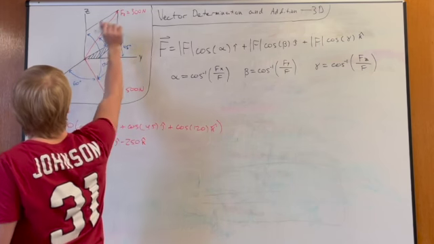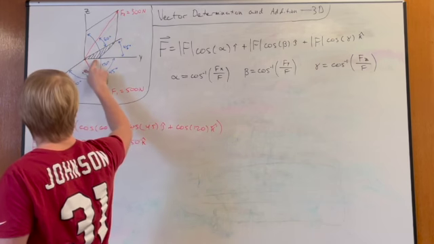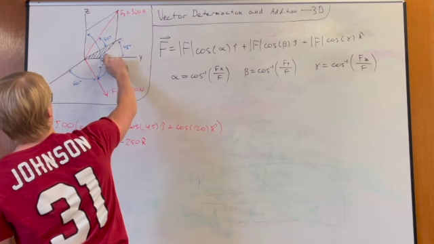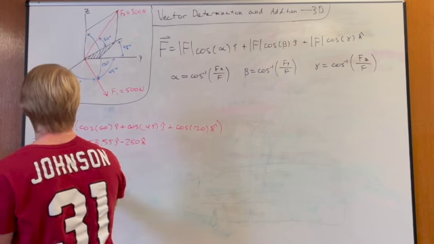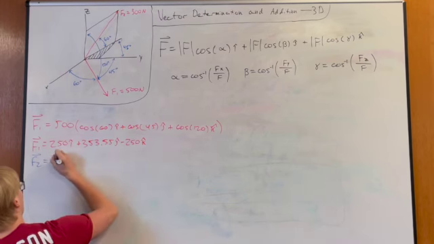That's how far it moves in the x direction. I'm sorry, that's the y component. The x component is this part right here. That's how far it moves in the negative x direction. So since it's negative, that's an easy negative right there.